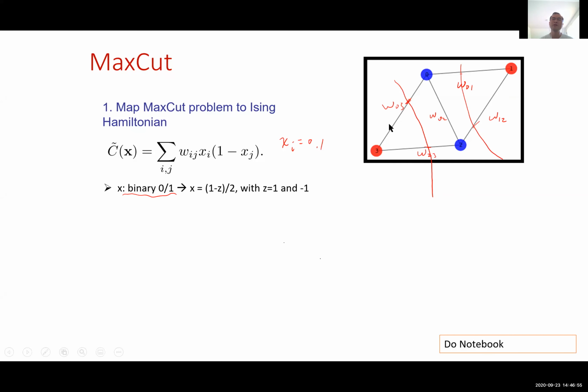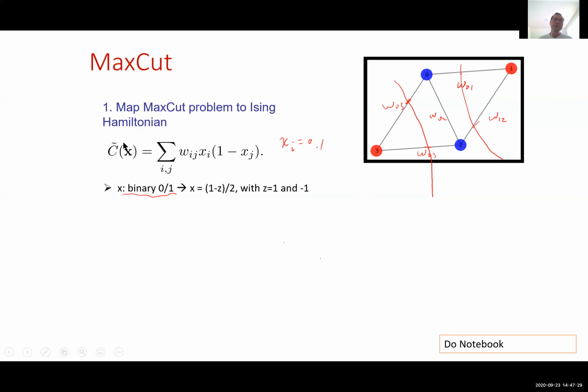Okay, 0 and 1 indicate two different groups, and you want to maximize the cut across that. So if this is 0, this is 1 and that's 0, you would gain a weight here. So you can write this in terms of a quadratic sum of these variables. Yeah, so this defines the problem.